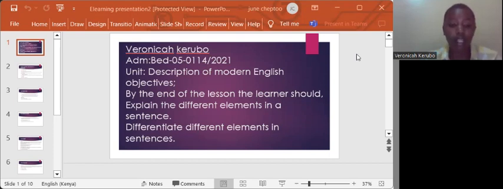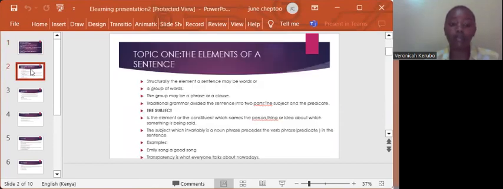Also, the learner should differentiate different elements in sentences. We will start by looking at topic 1, which talks about the elements of a sentence.